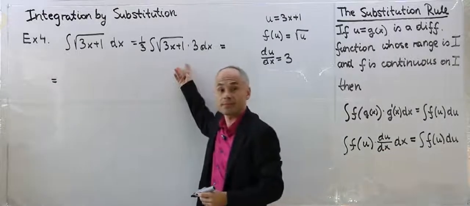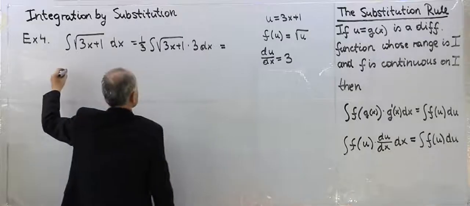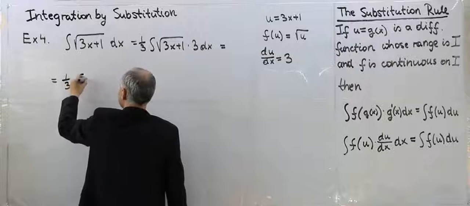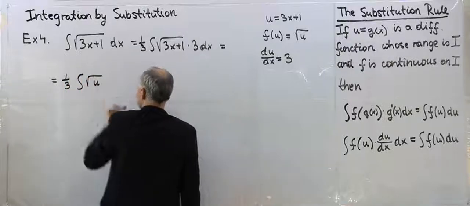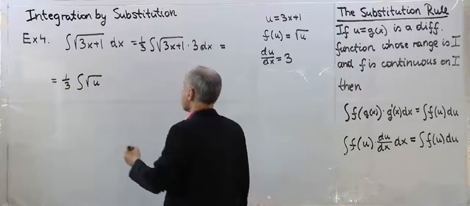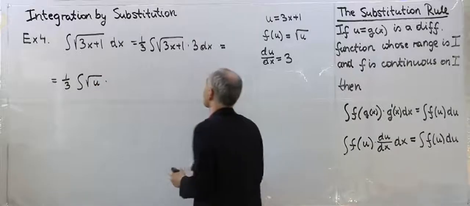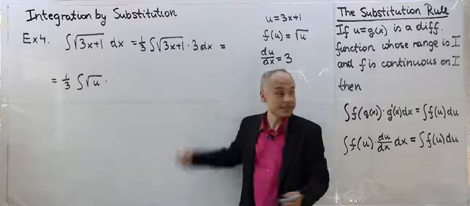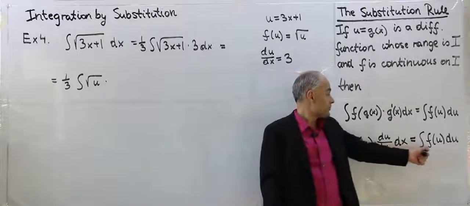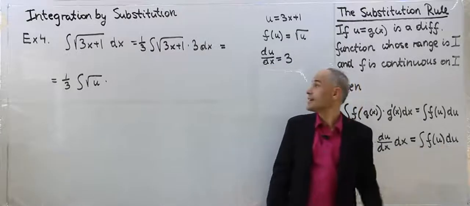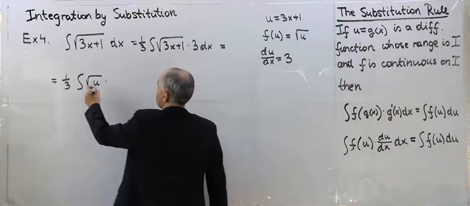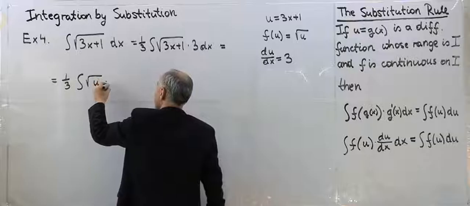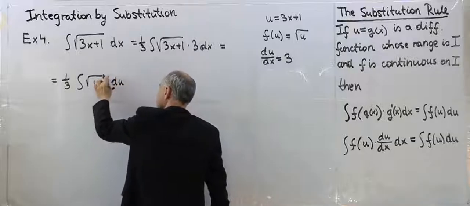I'm replacing 3x plus 1 with u. So it'd be 1/3 the integral of the square root of u times 3, which is the derivative du by dx. So the substitution rule tells me that this is just the integral of the square root of u du.